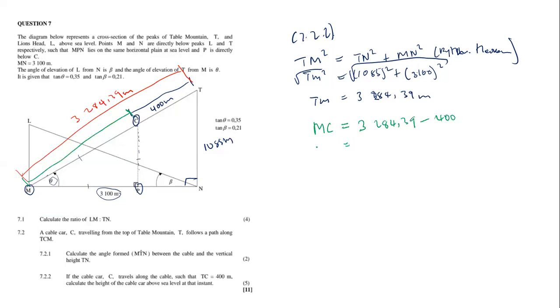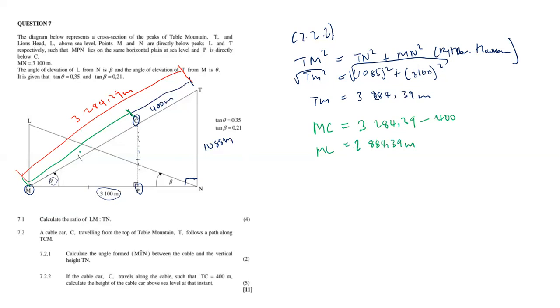And therefore, what will be the magnitude of MC? We're going to say 3284.39 subtract 400. We get 2,884.39 meters.